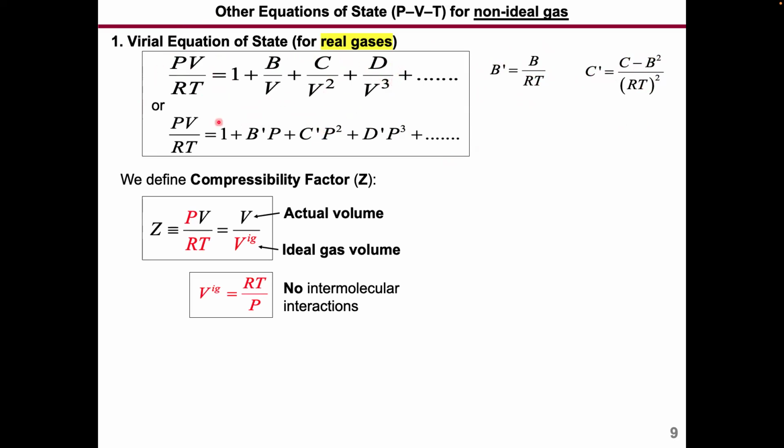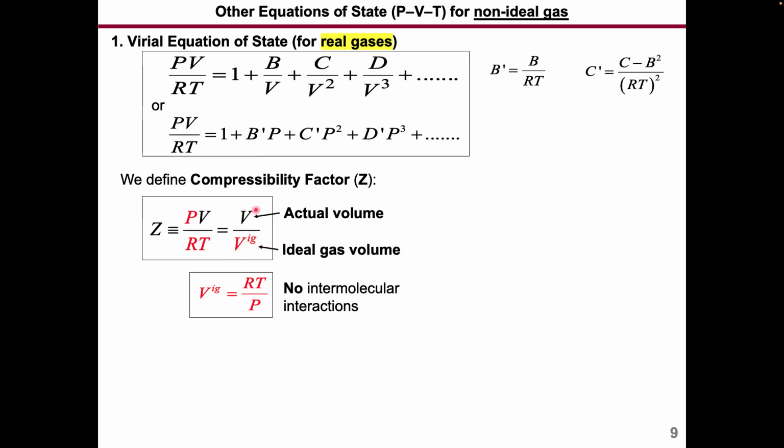Now we can mathematically treat this equation a little bit. This is basically the actual volume of your real gas. But what if we normalize this actual volume to the ideal gas volume?